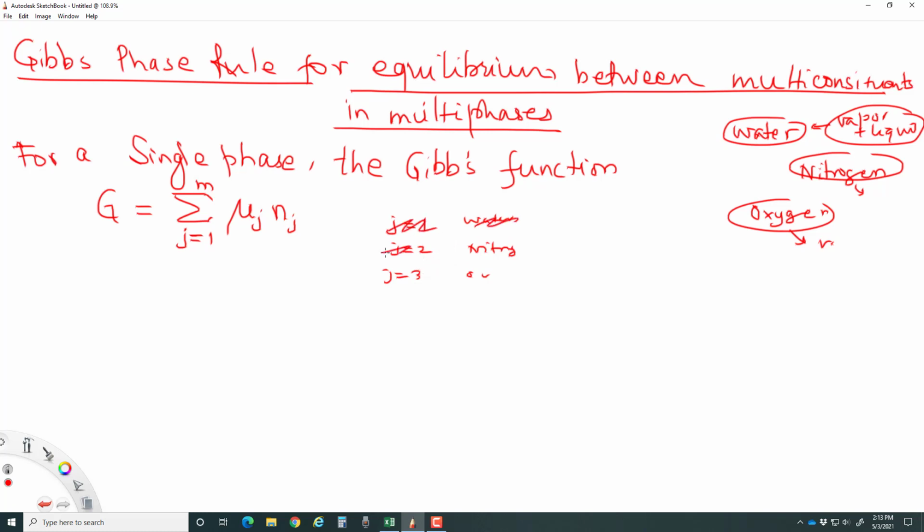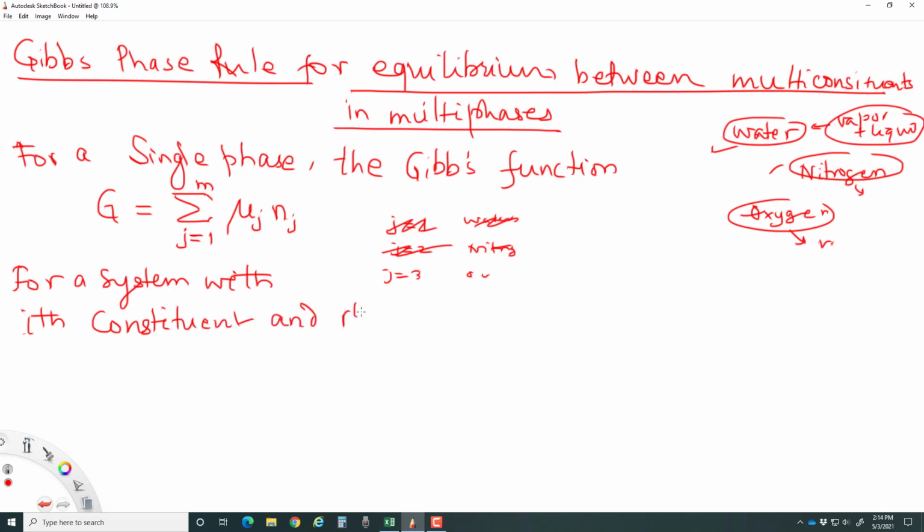Now if we have multi-phases also, let's say for a system with the ith constituent, like water, nitrogen, oxygen, and the gamma-th phase, we can have vapor, liquid, in some cases we may have solid, and in rare cases we may have all three phases.